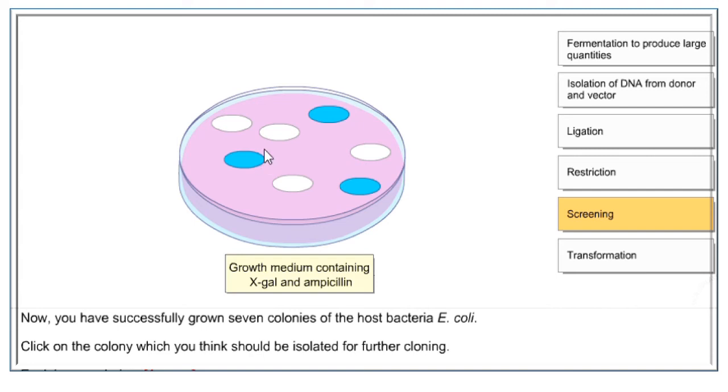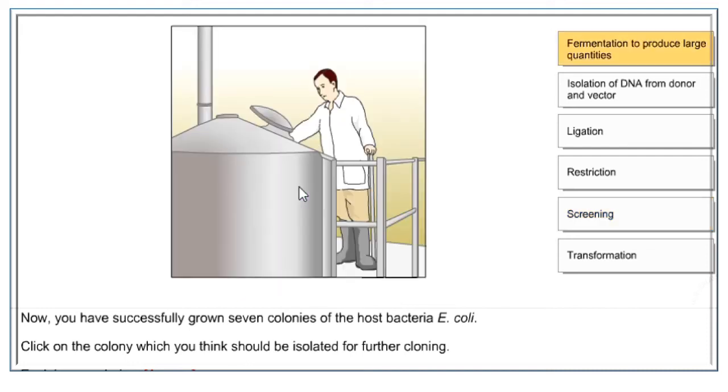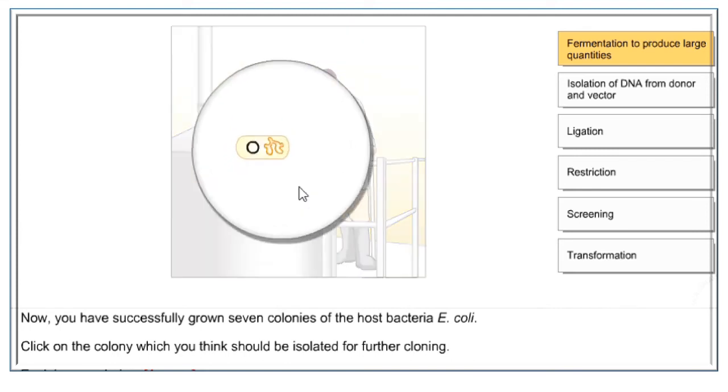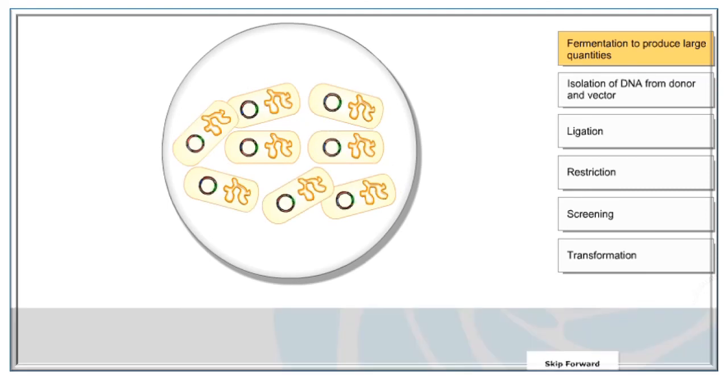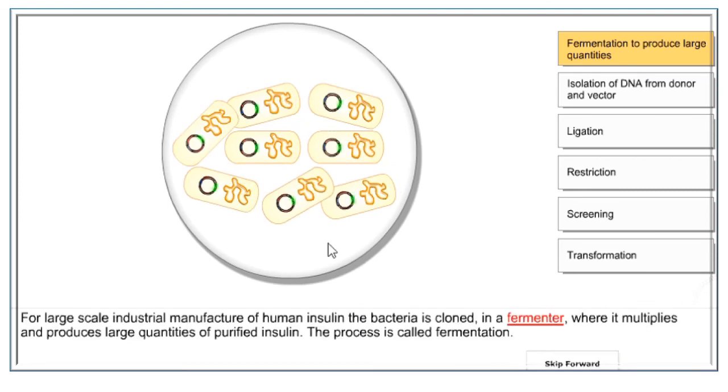So the blue colony has not taken the recombinant plasmid, and the white colony has taken the plasmid. The white colony will go into fermentation to produce a large amount of insulin.